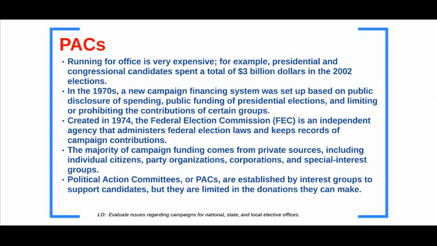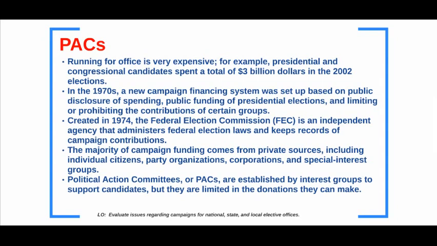In the 1970s, a new campaign financing system was set up based on public disclosure of spending, public funding of presidential elections, and limiting or prohibiting the contributions of certain groups. Created in 1974, the Federal Election Commission, or FEC, is an independent agency that administers federal election laws and keeps records of campaign contributions.